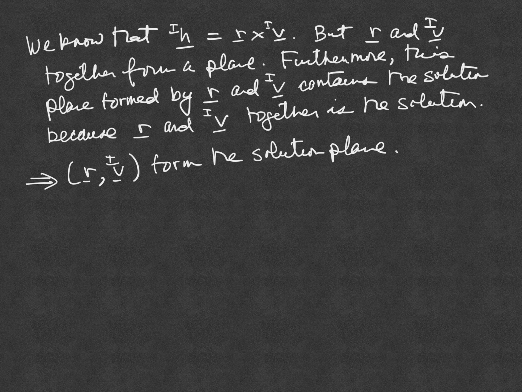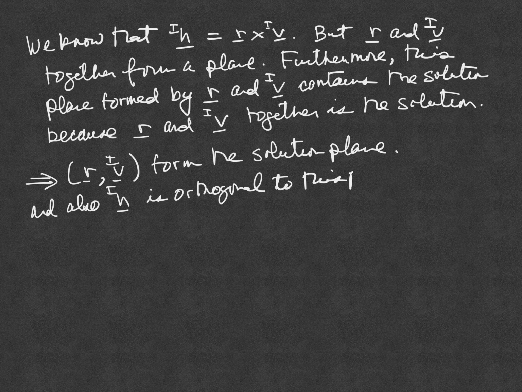What that means is that there's a plane in which r and v_I lie where the solution lies, and furthermore, h_I is orthogonal to this plane. So what does that picture look like?